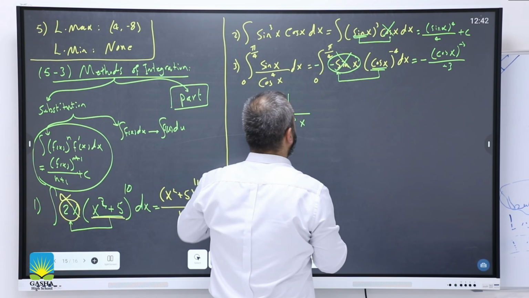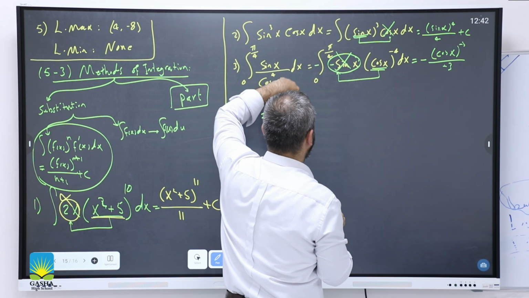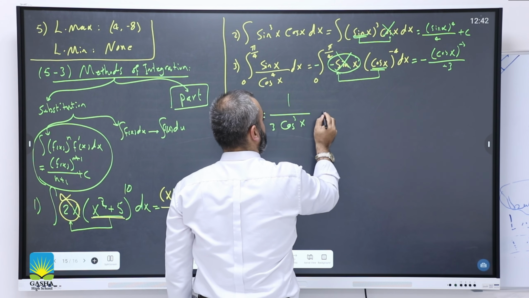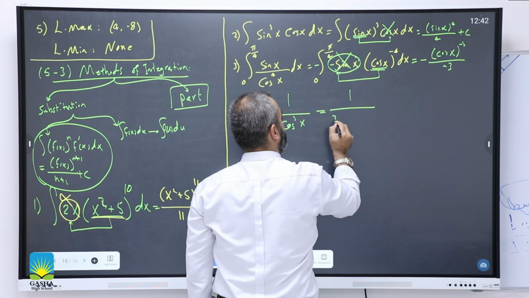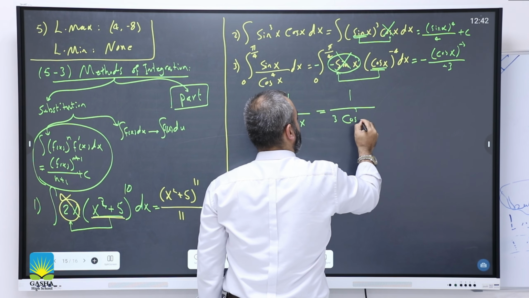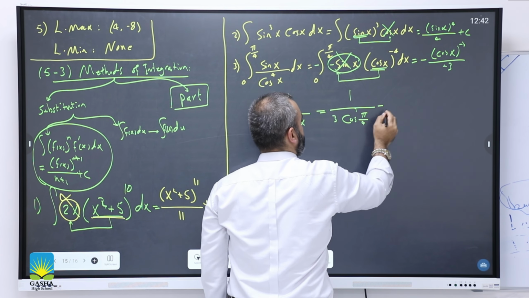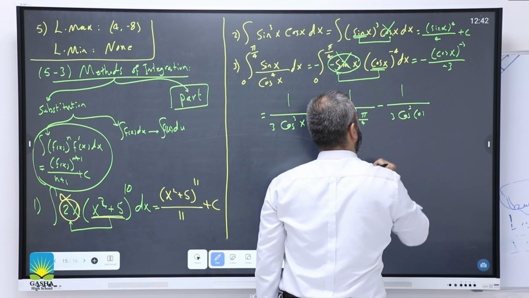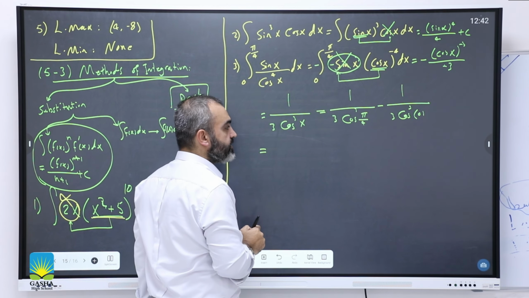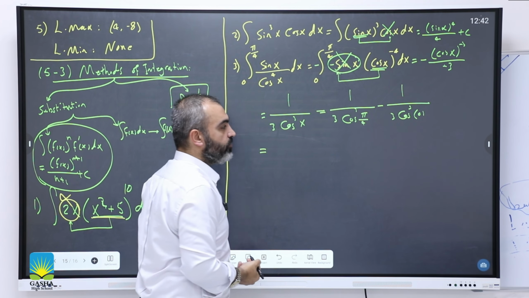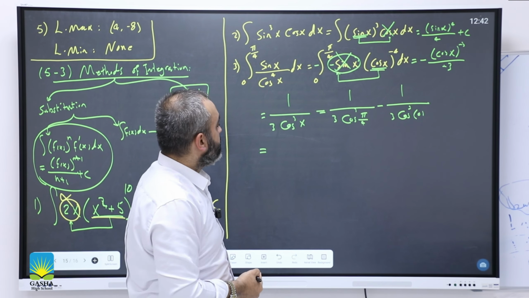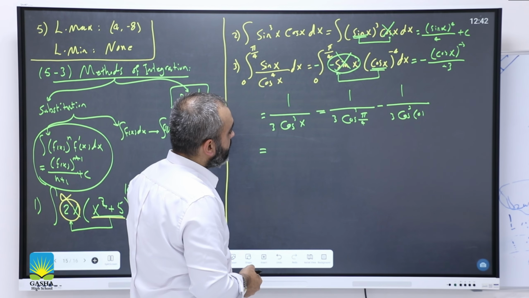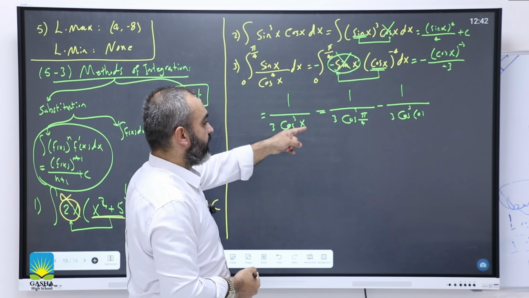And we substitute pi over 4 and 0: 1 over 3 cosine cubed of pi over 4 minus 1 over 3 cosine cubed of 0. What is the result? Cosine pi over 4 is 1 over square root of 2, to the power 3.